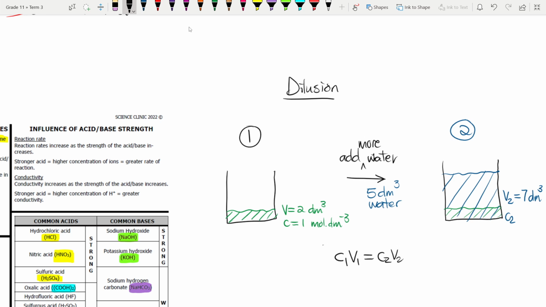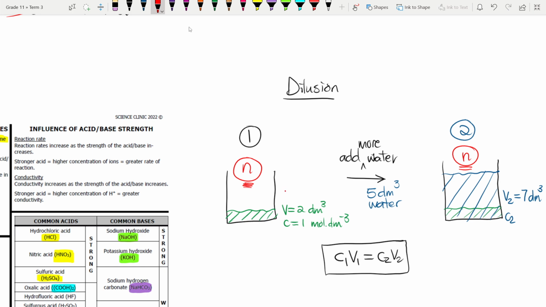I think we might have touched on this a little bit in acids and bases, but the idea behind that is that the number of moles of the acid in the first beaker is still the same as the number of moles of the acid in the second beaker. Why? Because I'm not adding or removing acid. The only thing I'm doing is introducing more water, which doesn't add in any way to the number of moles of the acid.